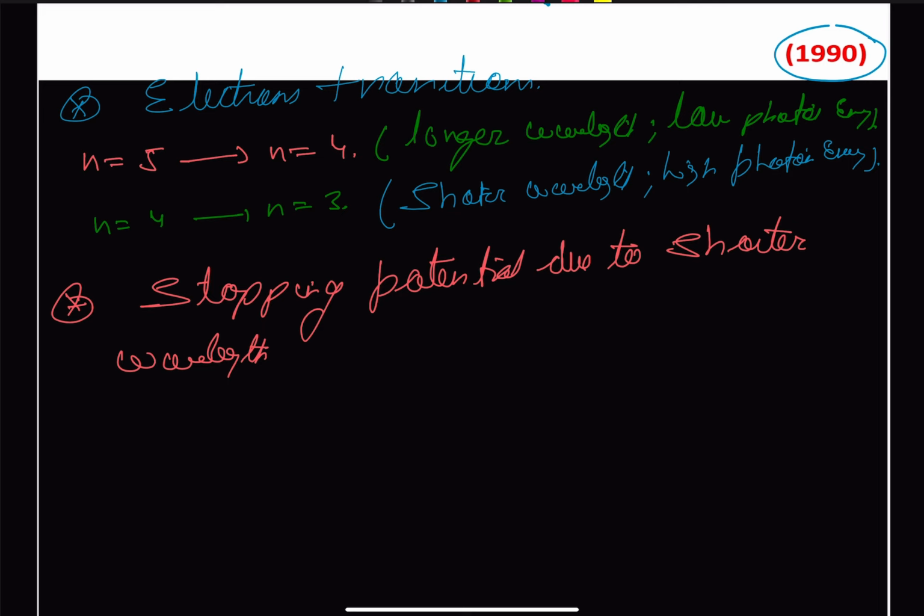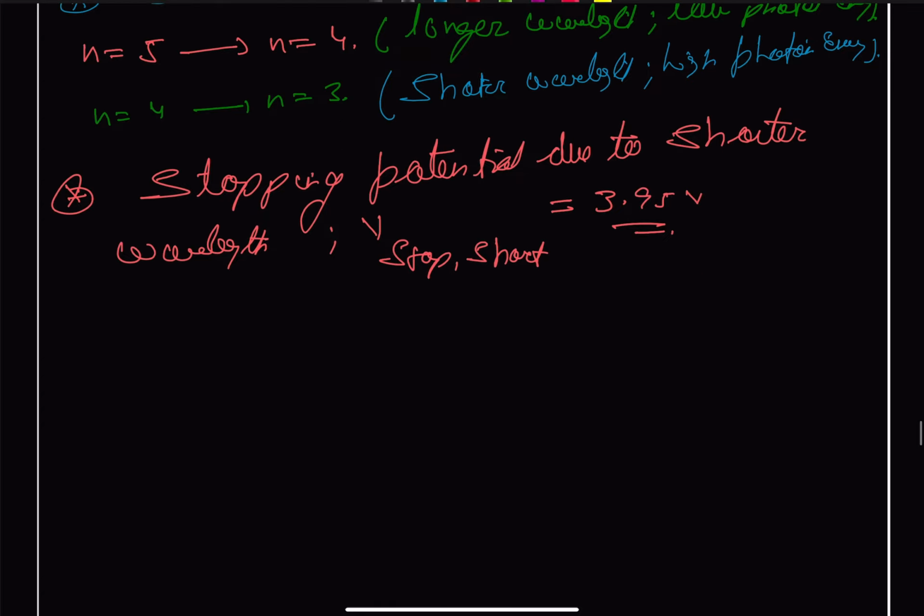So we can write V stop for the shorter wavelength is given to us as 3.95 volts. We can easily find the wavelength because the Rydberg constant is given, and we have the transition levels n equal to 4 and n equal to 3.